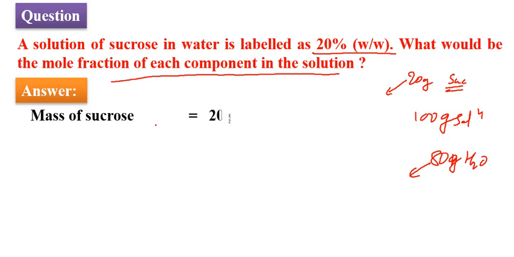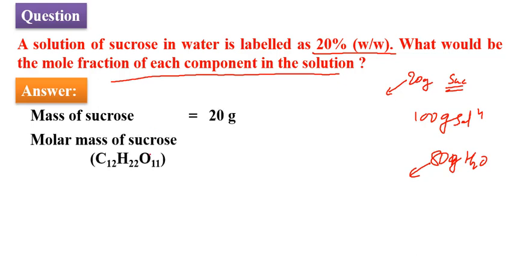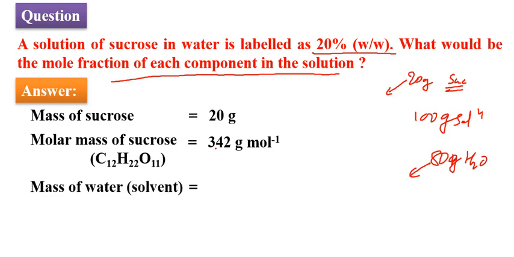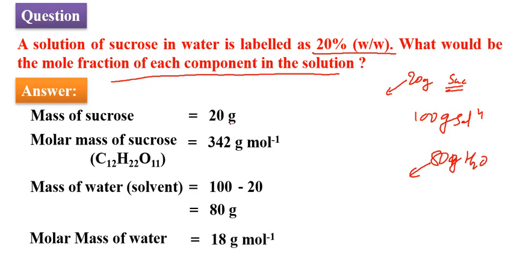Mass of sucrose 20 grams, molar mass of sucrose, formula C12H22O11, that is 342 grams. Then convert into moles. Then mass of water solvent 100 minus 20, that means 80. Molar mass is 18.